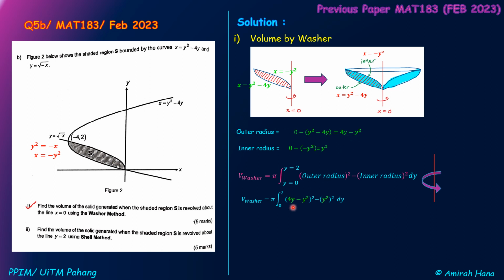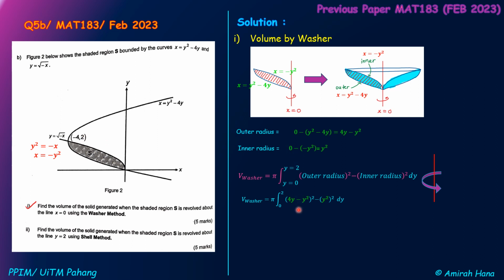We have bracket squared, and then minus inner radius equals to y squared, bracket squared, and we integrate with respect to y. For double check, all must be in terms of variable y, including the lower limit y equals to 0 and upper limit y equals to 2, right?